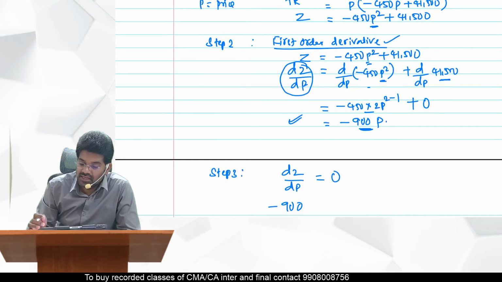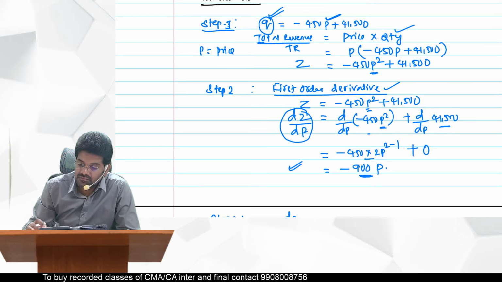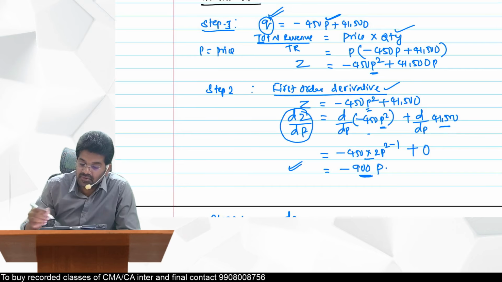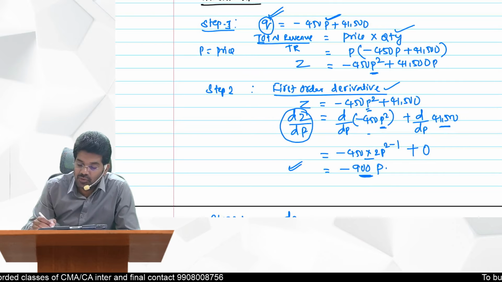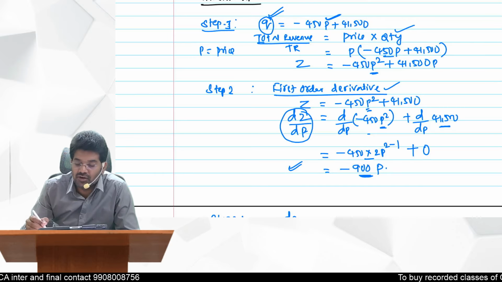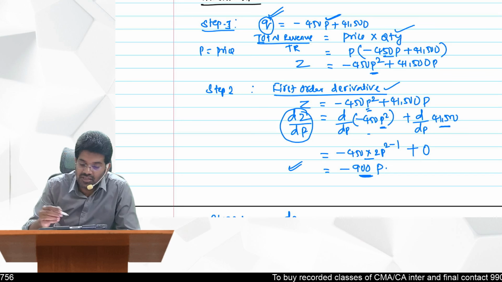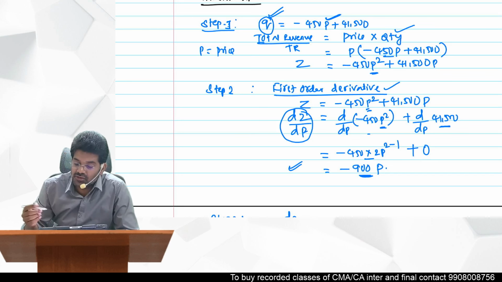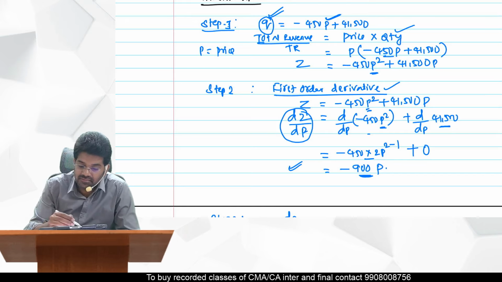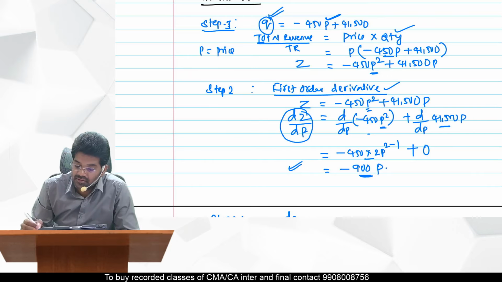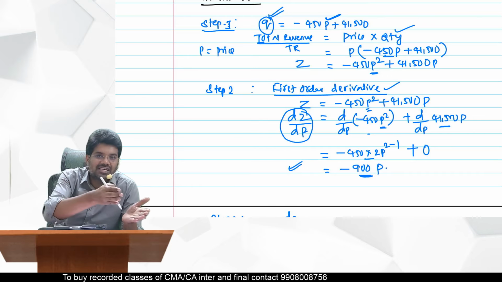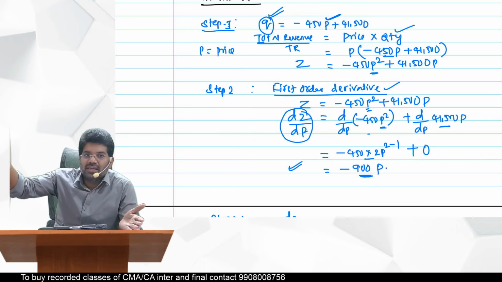What I missed here is this P. When I multiplied with this equation here, minus 450 P square and 41,500 into P, I did not multiply there. I forgot that. So if I take P here, it is not a constant then. If it is not a constant, then d by dP of 41,500 into P, if you remember, what is the answer for that? First you should separate the constant, then d by dP of P, that is 1.